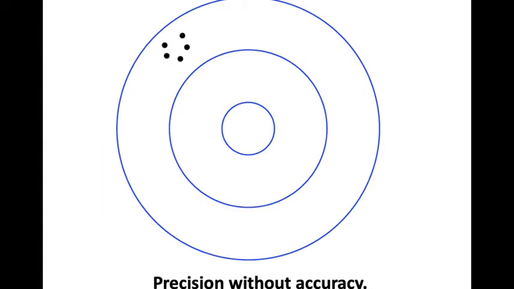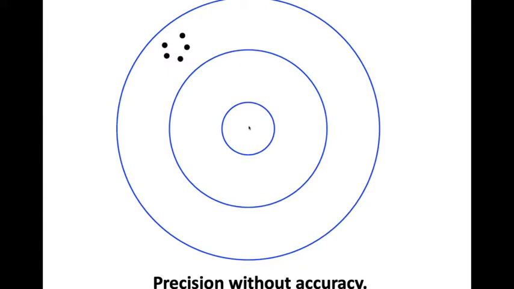Just to look at them in picture format, we know this is a typical target, and if you hit anywhere else other than the target as shown here, this shows precision without accuracy, because accuracy has to do with the target.